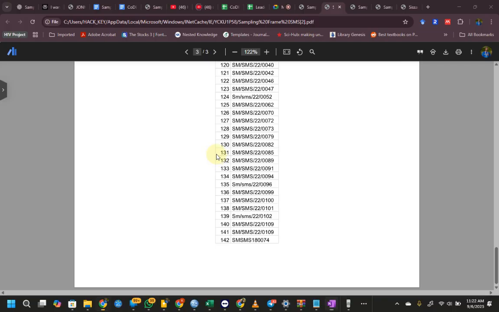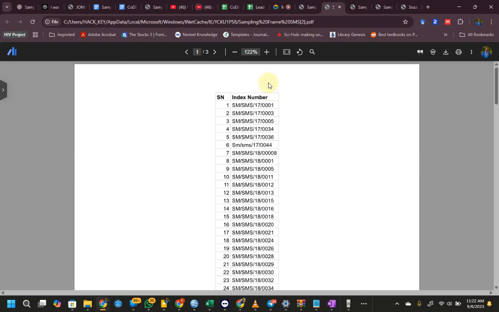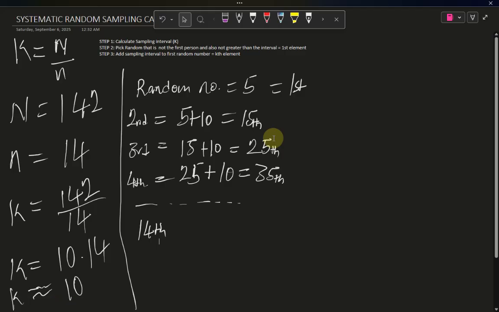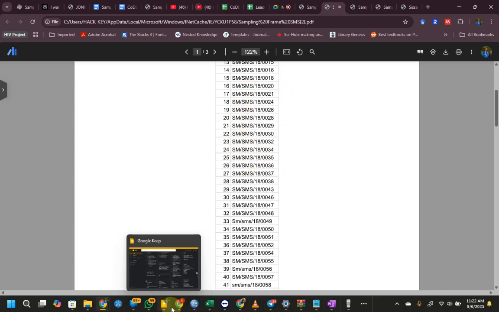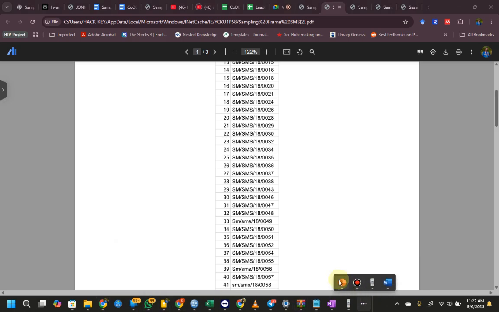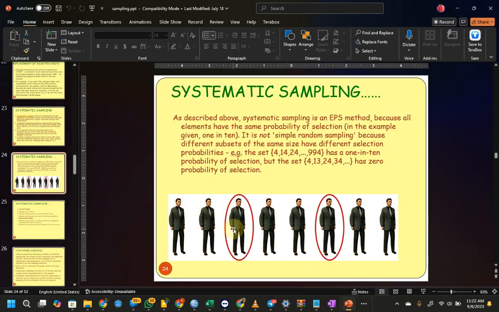You go to number 5 and pick this index number, SMS 170036. That will be your first participant. The second one is the 15th, so you go to the 15th here, SMS 18. So like that, after every 10 you pick, which is what was being demonstrated here. After every two you pick. That's what this demonstration is trying to talk about.